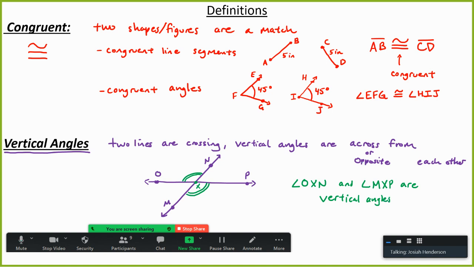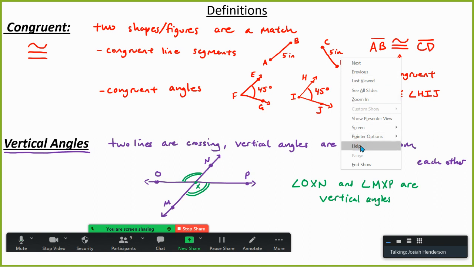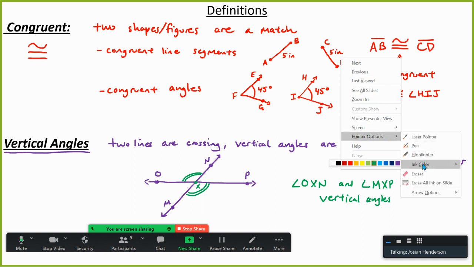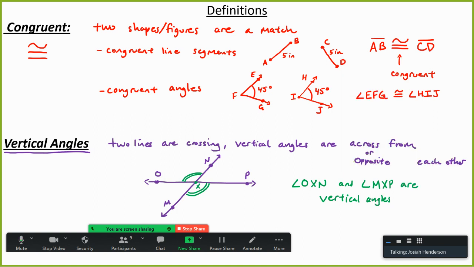And check this out. Not only are the 2 green angles vertical, but there are actually 2 more that are vertical that I didn't draw in. Do you see the other 2 angles that we haven't drawn yet? In orange, look at the other 2 angles created by the crossing lines. Angle OXM, as in Mary, and then across from it, angle NXP.